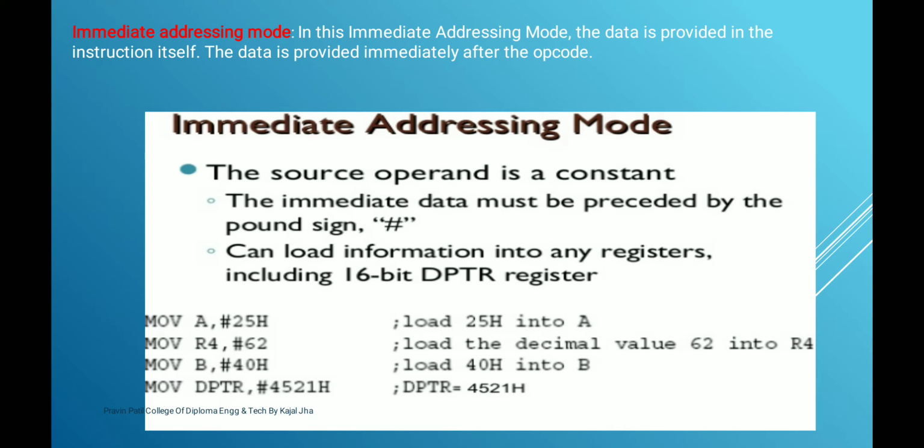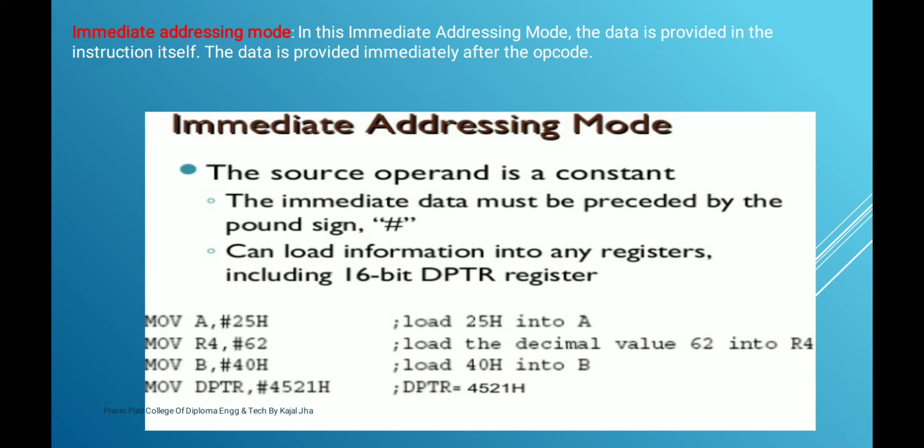Some examples are given here. MOV A, #25H: this instruction loads the value 25H directly into A, so A is now equal to 25H.